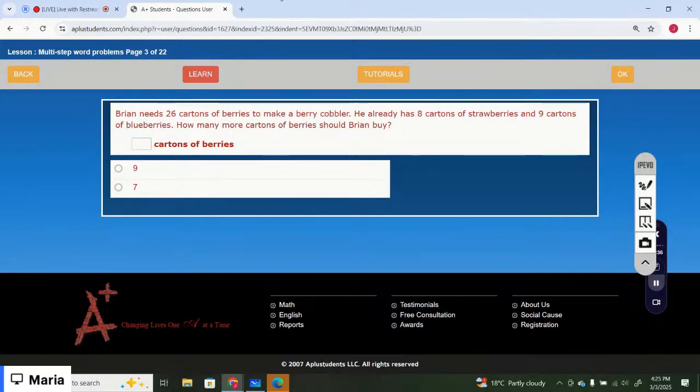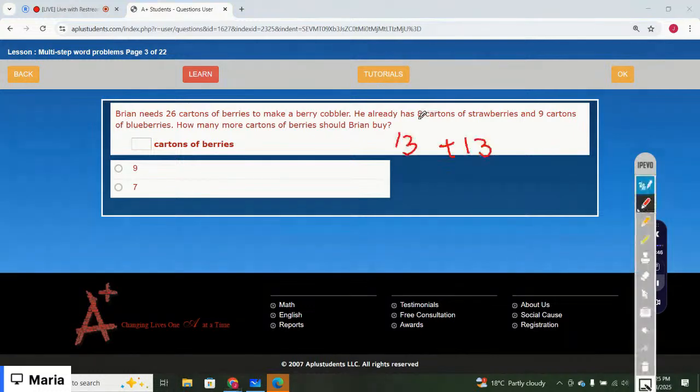Brian needs 26 cartons of berries to make a berry cobbler. He already has 8 cartons of strawberries and 9 cartons of blueberries. How many cartons of blueberries should Brian buy? So 8 plus 9 makes 17, that he already has. He needs a total of 26.